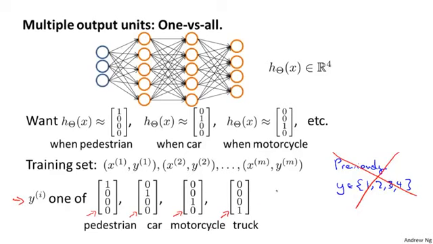So one training example will be one pair x_i, y_i, where x_i is an image with one of the 4 objects, and y_i will be one of these vectors.